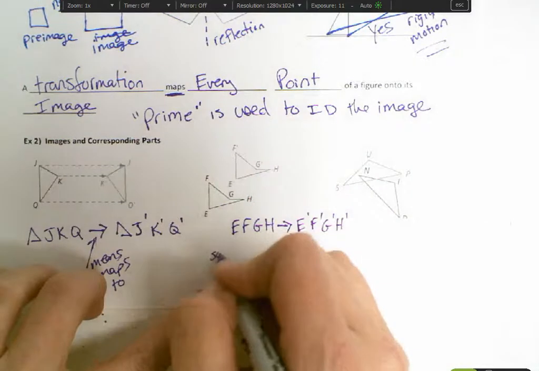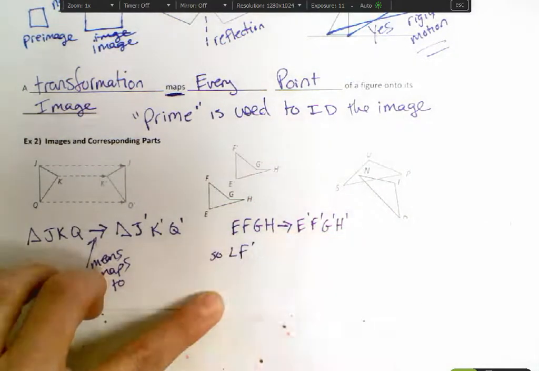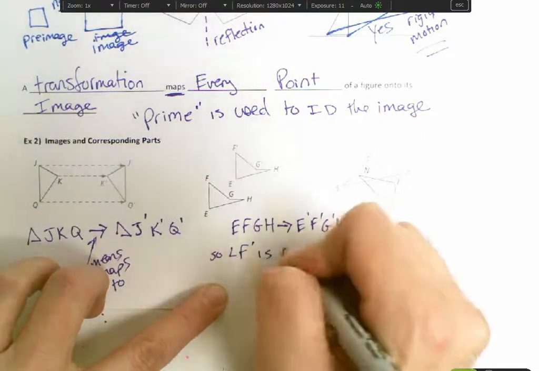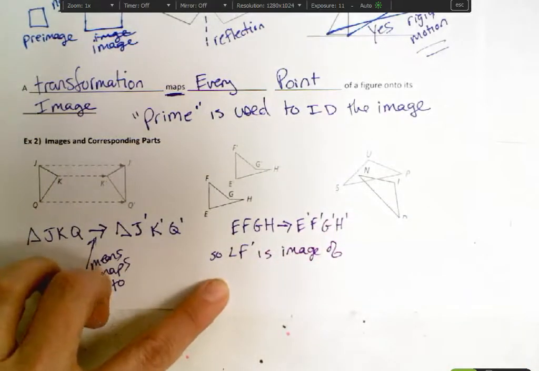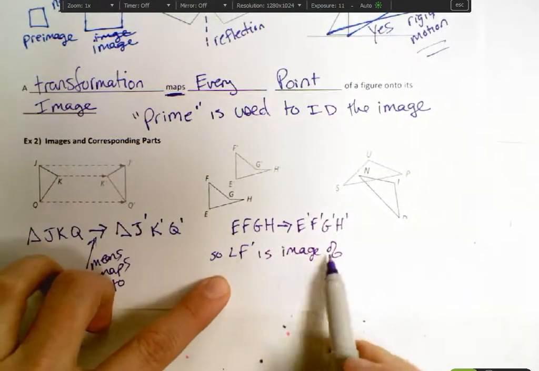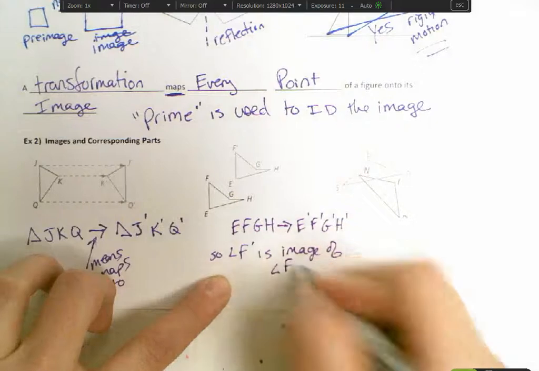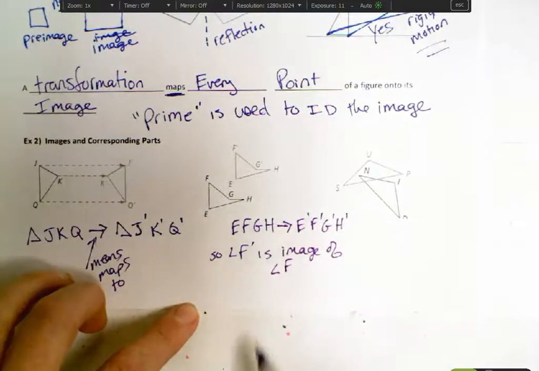So you could also say angle F prime is the image of angle F. You could say that about each of the angles.